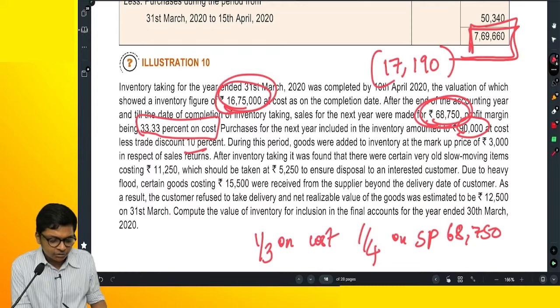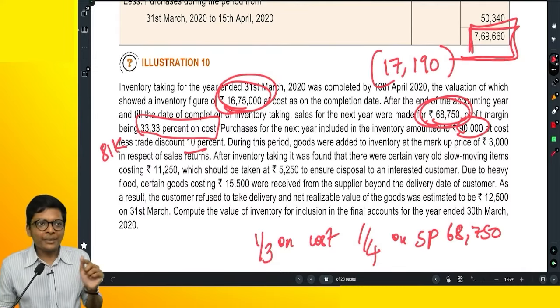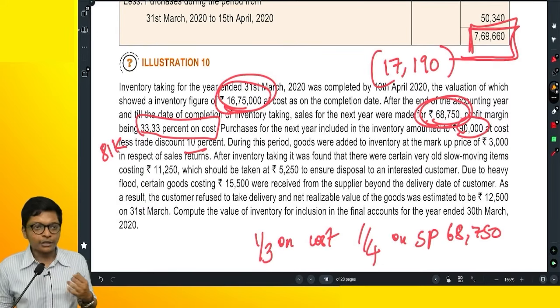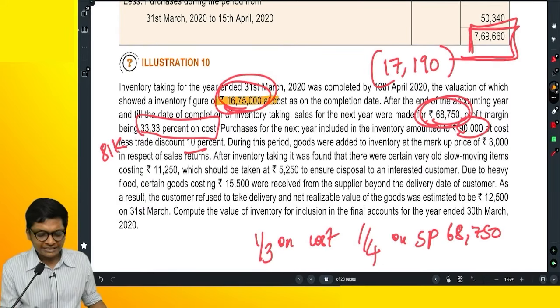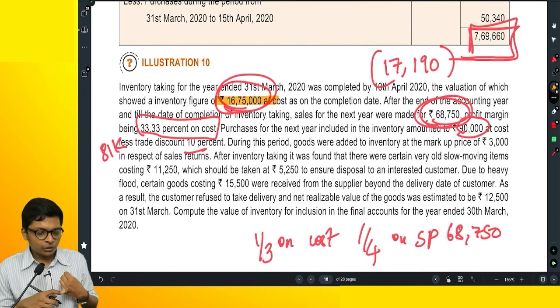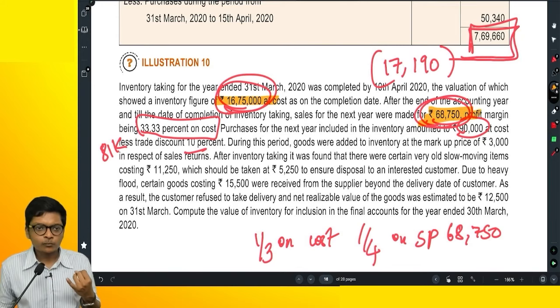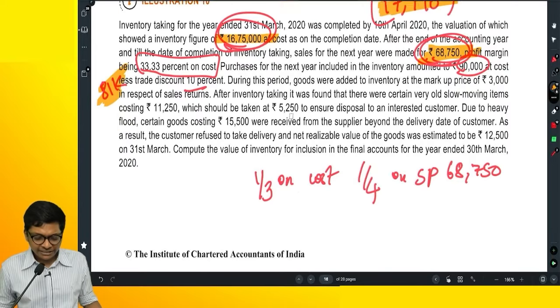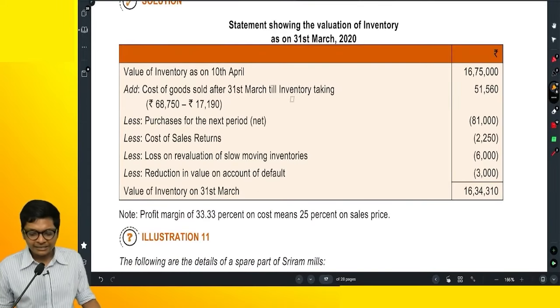So it will be how much? 81,000. Purchase will be reduced. Till here the sum is fine. Let me repeat what you already know. Start with 16 lakh 75,000. Add 68,750, minus 17,190, minus 81,000 purchase.